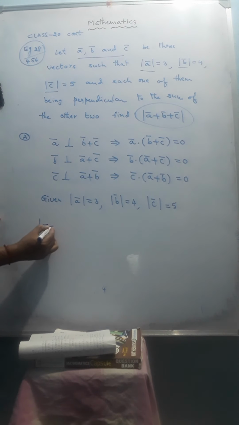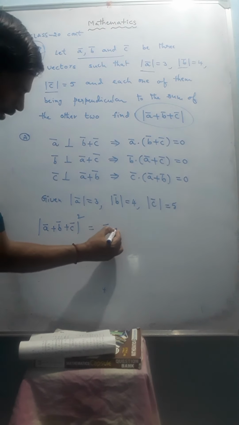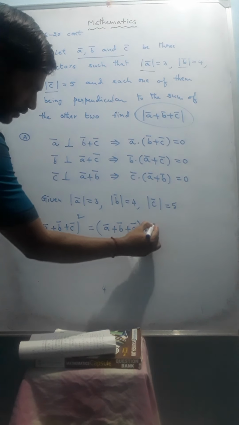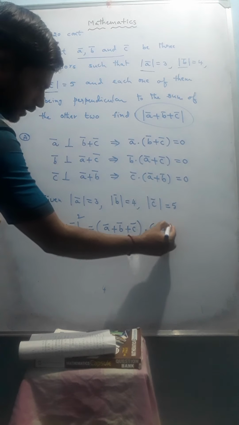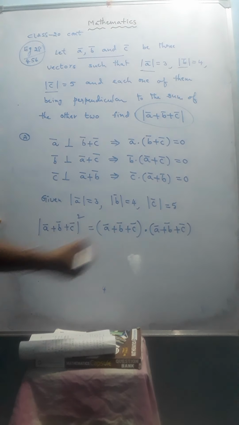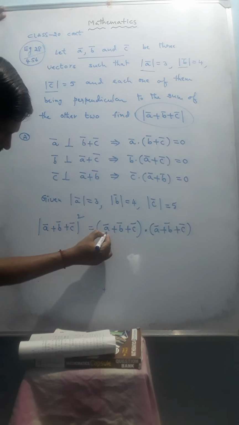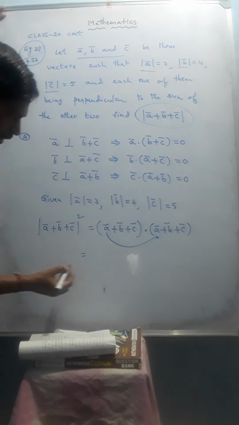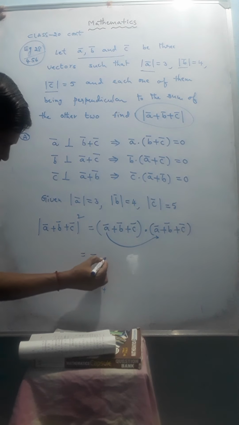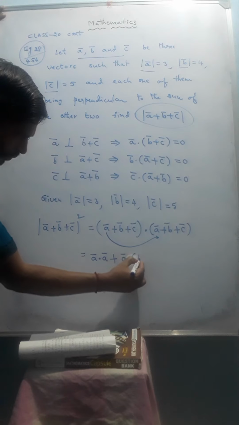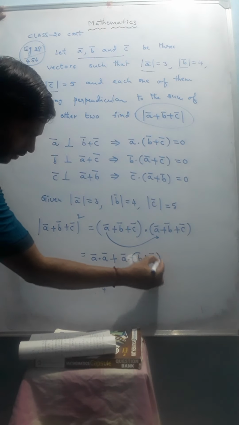From this formula we can write modulus A vector plus B vector plus C vector square is equal to A vector plus B vector plus C vector dot A vector plus B vector plus C vector. That is equal to, if you take A vector and apply to all these three, you will get A vector dot A vector plus A vector dot the remaining two, that means B vector plus C vector.